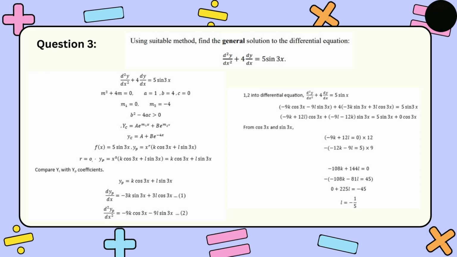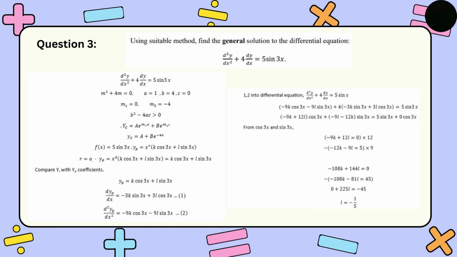After that, put equations 1 and 2 into the differential equation, which we will get bracket negative 9k plus 12l close bracket cos 3x plus bracket negative 9l minus 12k sin 3x equal to 5 sin 3x plus 0 cos 3x.